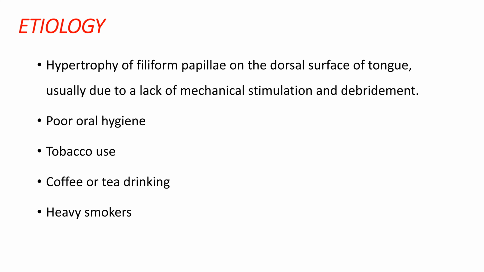This condition often occurs in individuals with poor oral hygiene, for example lack of toothbrushing, or eating a soft diet with no raw foods that would mechanically debride the dorsal surface of the tongue. Other contributing factors are tobacco use and coffee or tea drinking, and many of the affected people are heavy smokers.